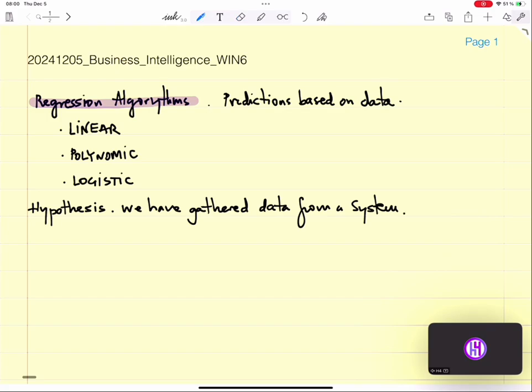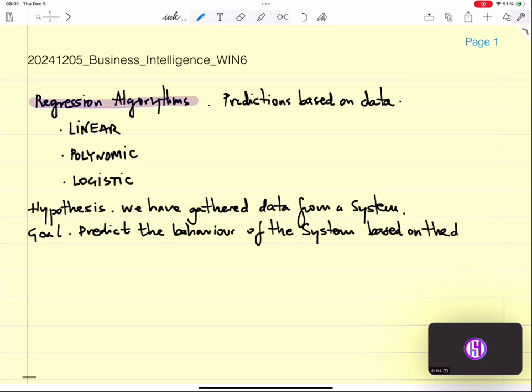I will give you the data later on. When you are managers, you will see that getting the data is itself difficult. So our goal is to predict the behavior of the data, of the system, based on the data.